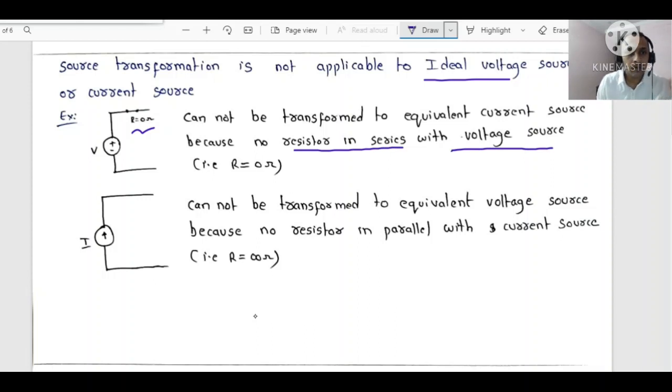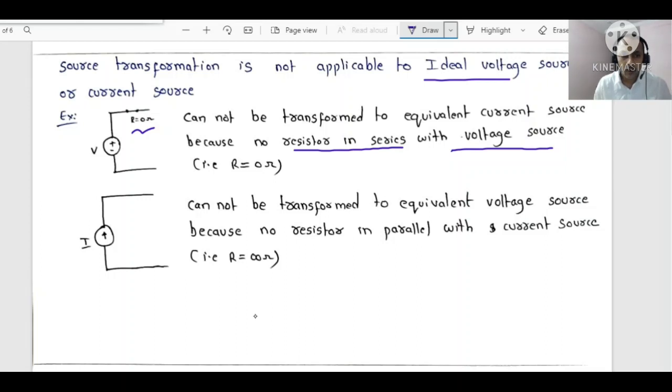Is there any resistor value in series with the voltage source? No. So it cannot be transformed to an equivalent current source. Important, dear students: if you have only a voltage source and there is no resistor in series with the voltage source, you cannot transform it to an equivalent current source. Some equivalent R must be there.